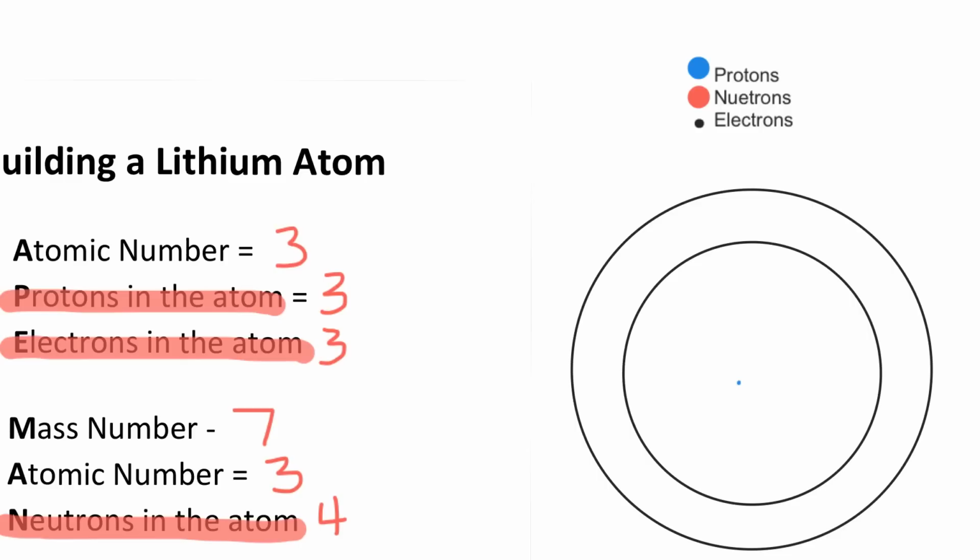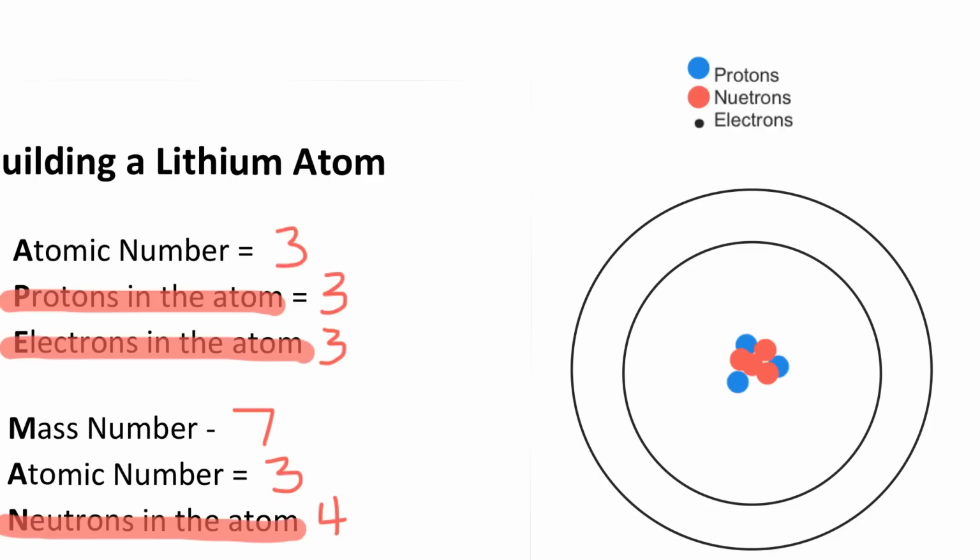So let's go ahead and draw out 3 protons. And the number of neutrons in a lithium atom was 4. So our completed nucleus has 4 neutrons and 3 protons. And then our electron cloud is going to have 3 electrons total. But again, we have to draw these in the correct order.